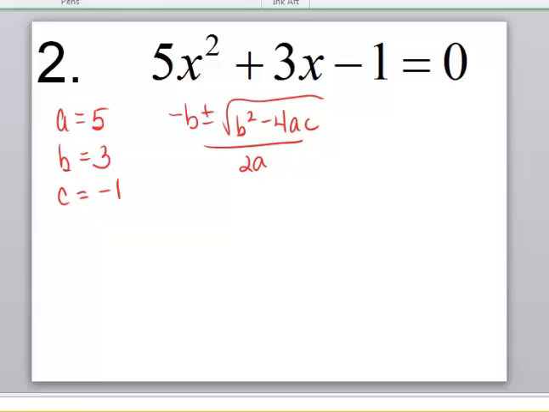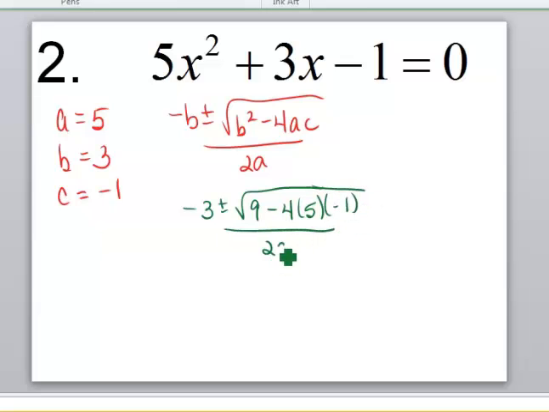Alright, plugging in those numbers, I have negative 3 plus or minus the square root of 3 squared, which is 9, minus 4 times a times c, all over 2 times a.